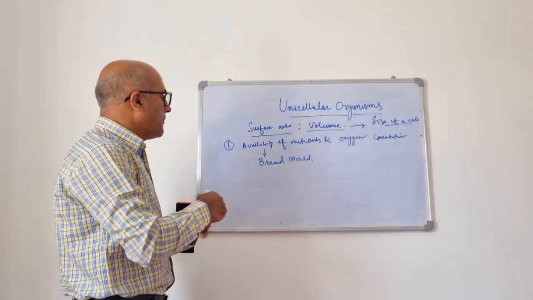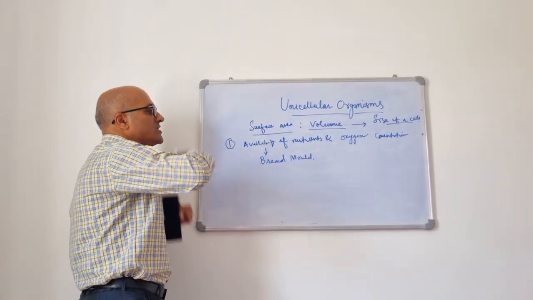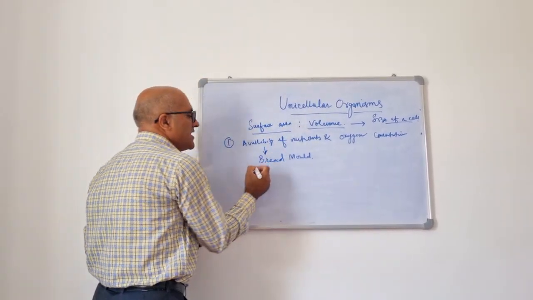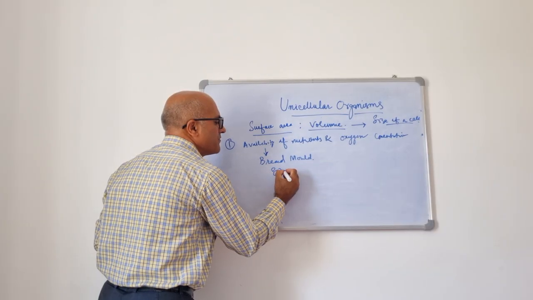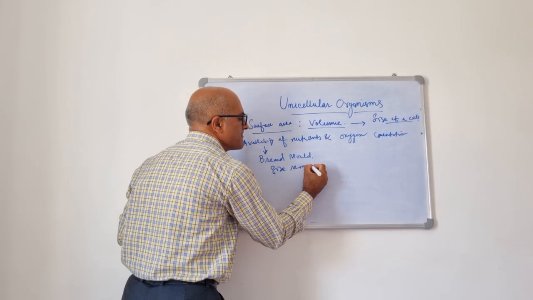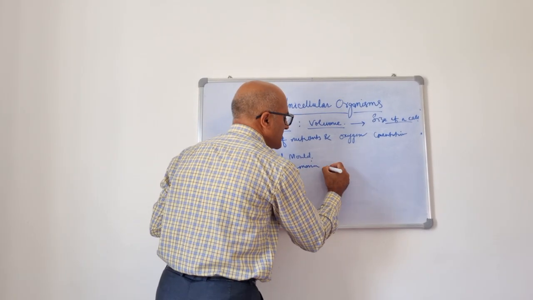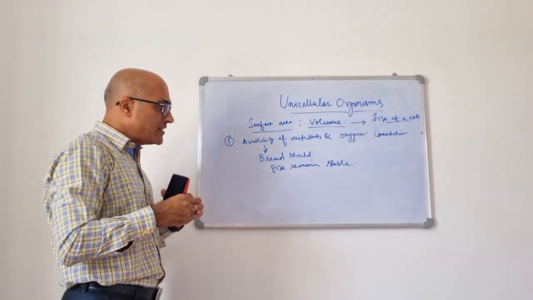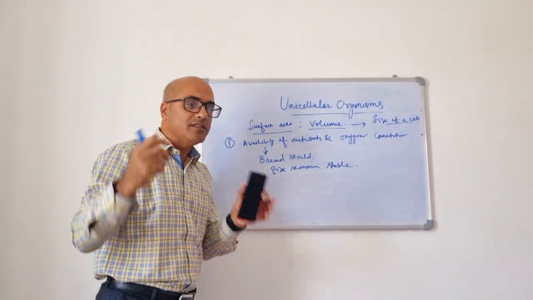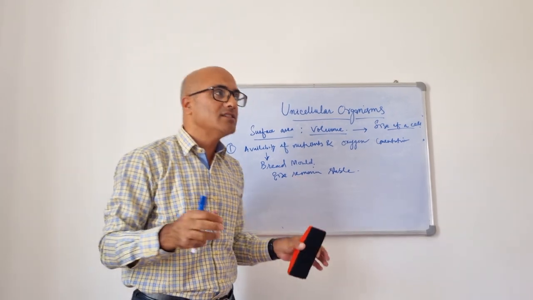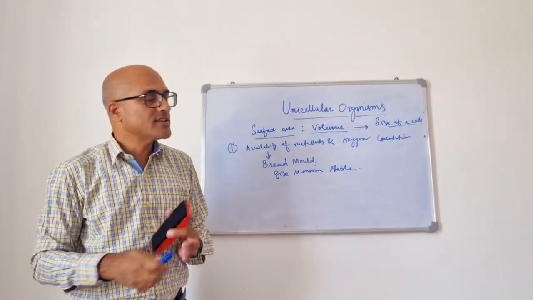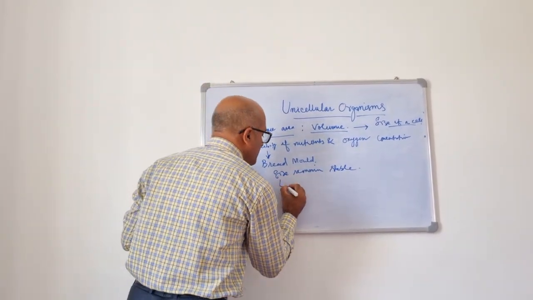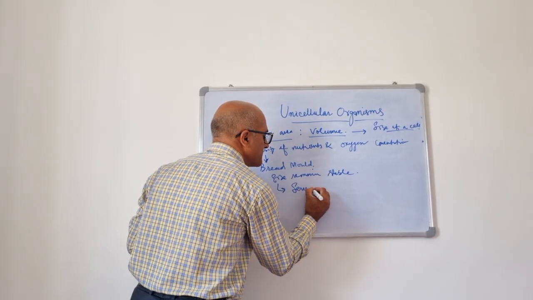In absence of proper nutrients, its size remains, you can say, stable. And once the nutrients come in the environment where it is present, it takes up those nutrients and can grow in its size to several meters.